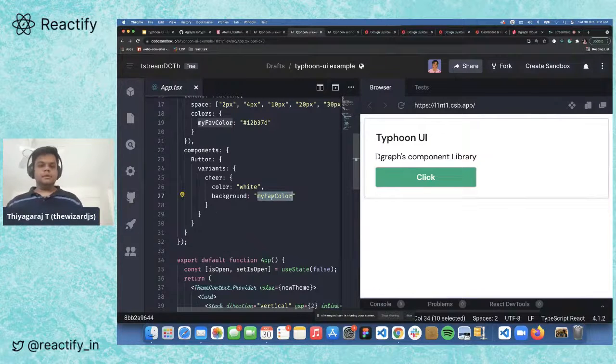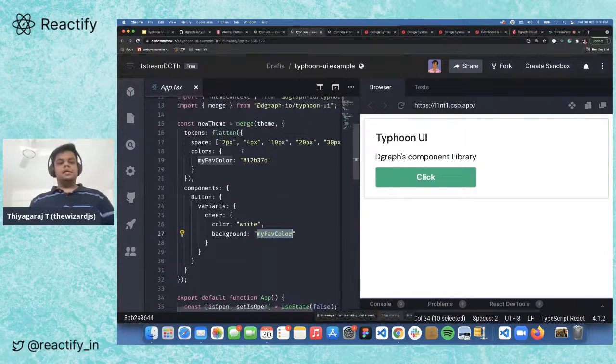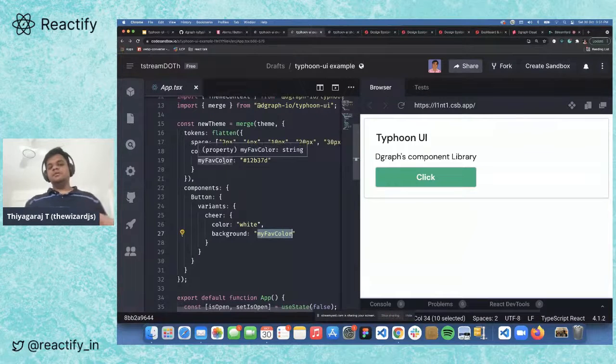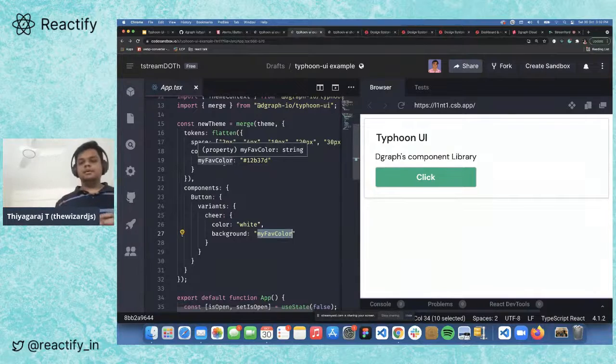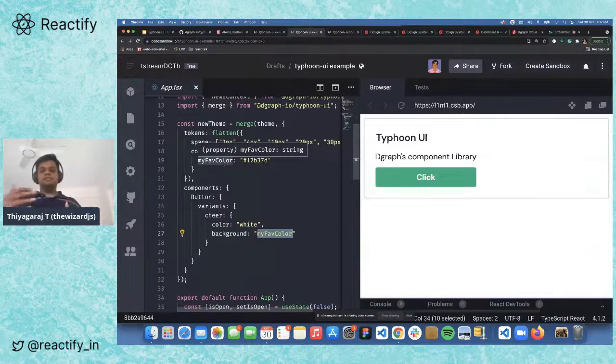It is not part of the package, but all I did is introduce a new color called my favorite color, and assign a hex code. So it becomes part of the system, and automatically the style gun does its magic and pulls the right values from the right place. That way you can extend the theme and give it your own look and feel.